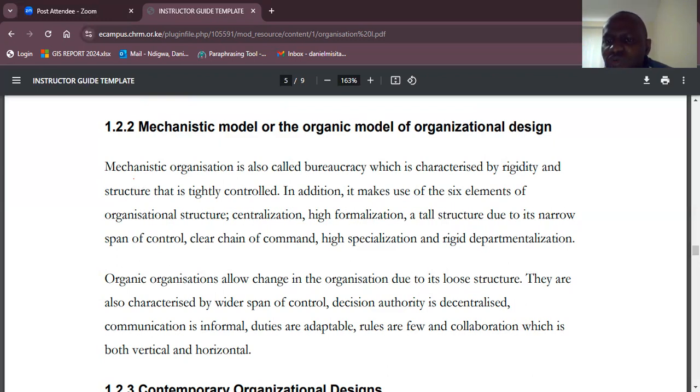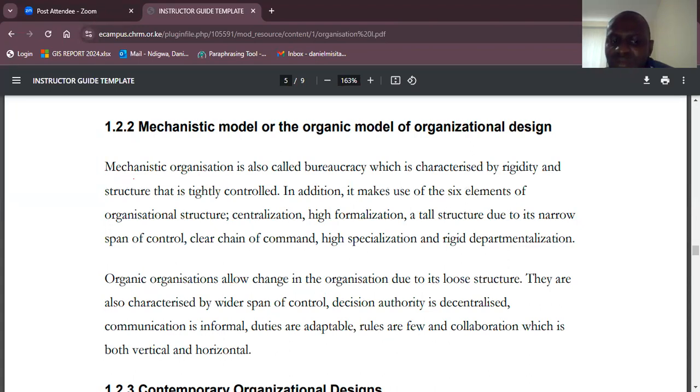So it makes use of six elements of organization structure, and that is centralization, high formalization, a tall structure due to its narrow span of control. We have a clear chain of command and a high level of specialization, which also leads to being rigid. So organic organizations allow change in the organization due to their loose structure.